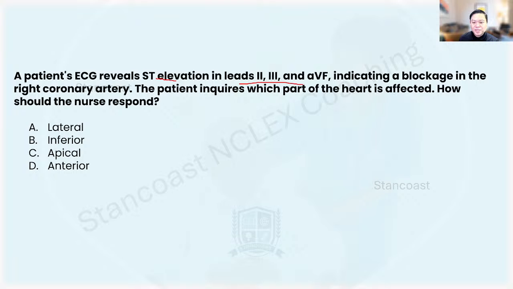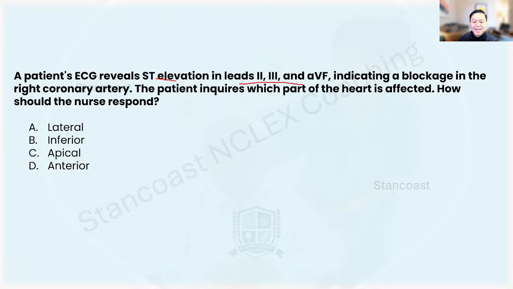Don't get confused here. I did not really give all of the descriptions earlier in the EKG. There were some more of that. I limited it to the anterior, the STEMI anterior, and also the ST depression. And so here, the patient inquires which part of the heart is affected. How should the nurse respond?